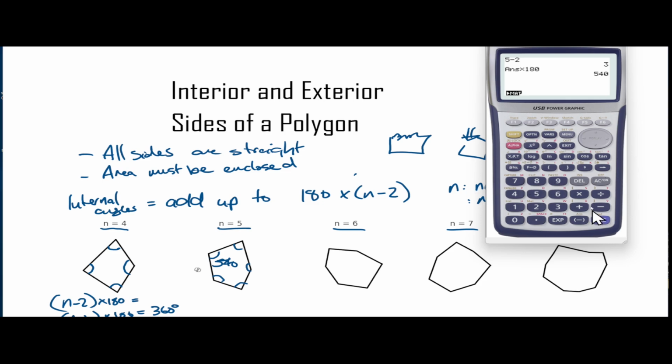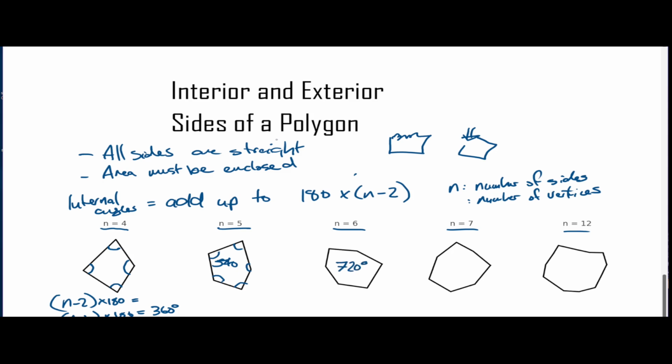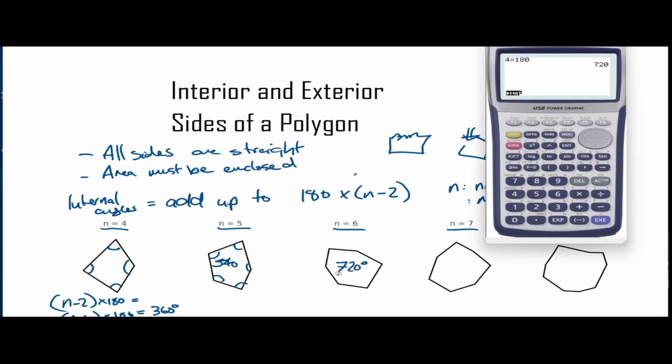Just for completeness, let's do exactly the same thing for these other ones. 6 minus 2 is 4. 4 times 180 is 720 degrees. 7 minus 2 is 5. 5 times 180 is 900 degrees.